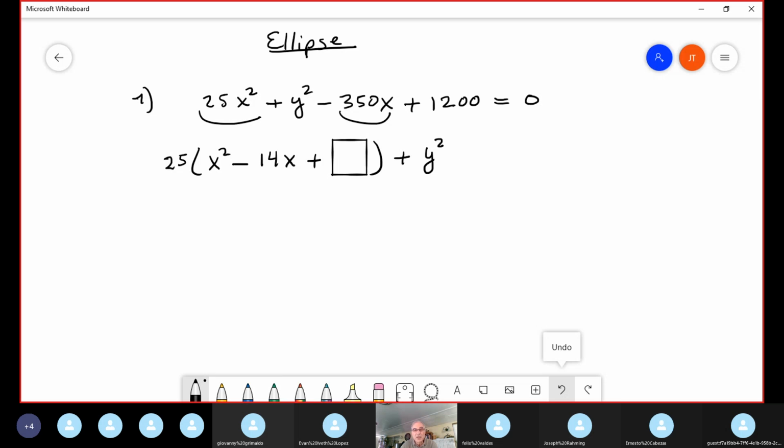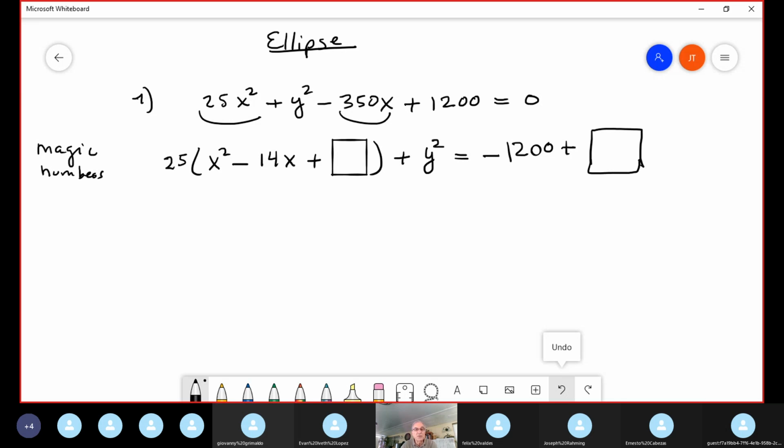We have no y linear, so we have no translation. Therefore, y squared alone. In the right-hand side, move minus 1200. I moved and one box. This box keeps the equilibrium of the equation when you introduce here the magic number that completes the square.